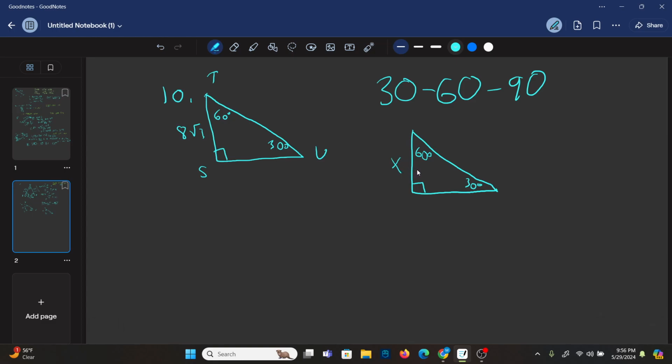The long leg is this leg, and this is the short leg times the square root of 3. And this side is the hypotenuse, which is 2 times x. So we know that x is 8 root 3.